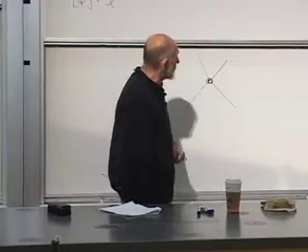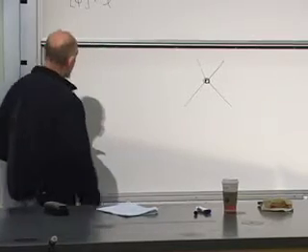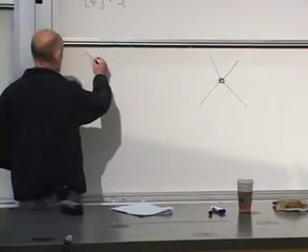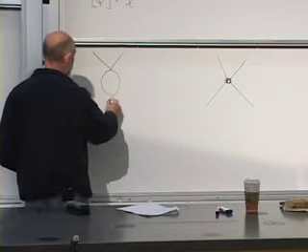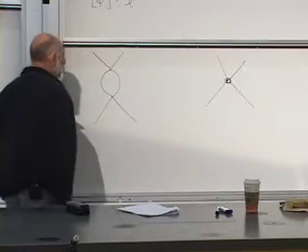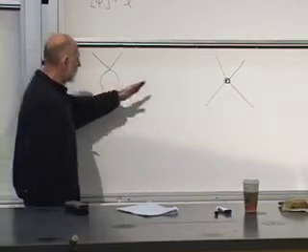Two particles in, two particles out, phi to the fourth. So for example, you could have Feynman diagrams which look like this.